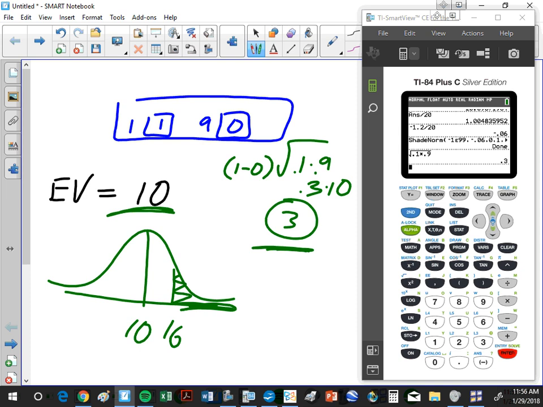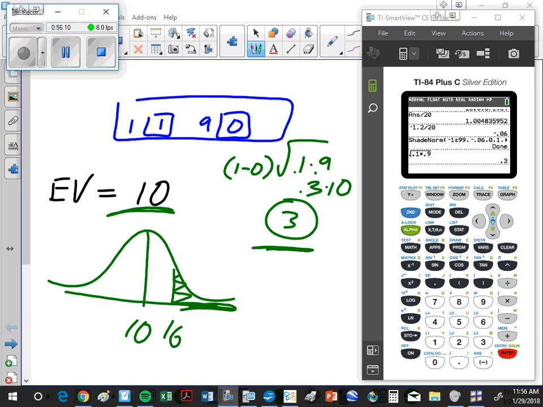How about edges? Yeah, probably not terribly important. So we know that a z-score of 2 gives 95% in the middle. So how much is in the right tail? 2.5%.